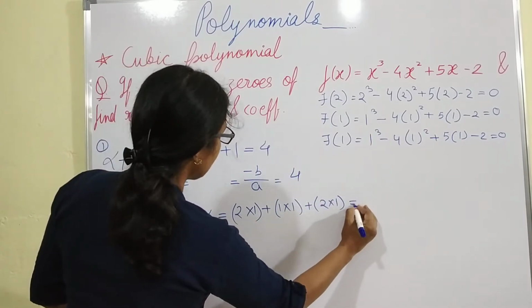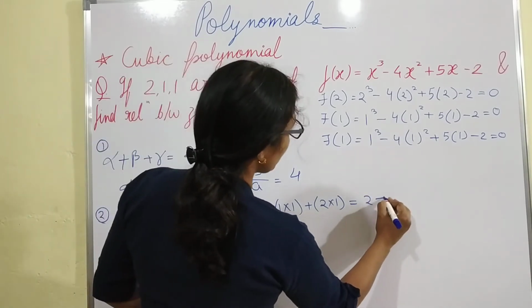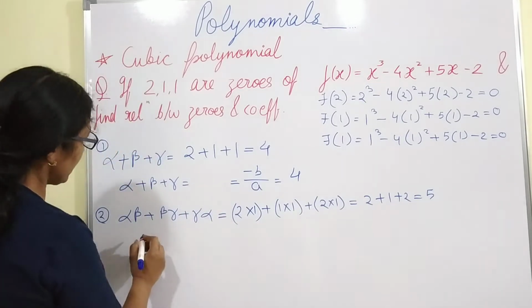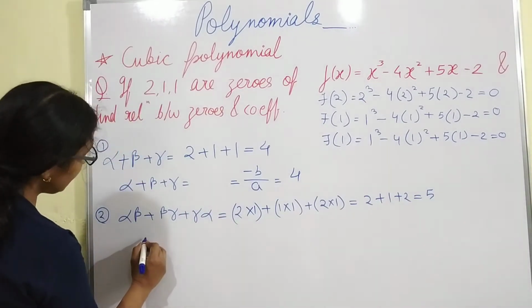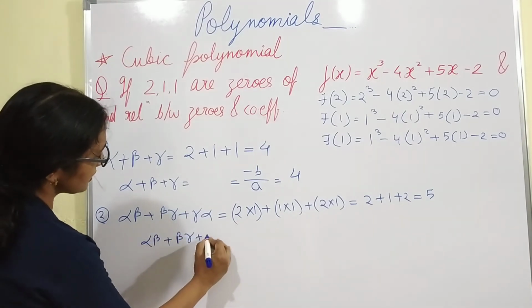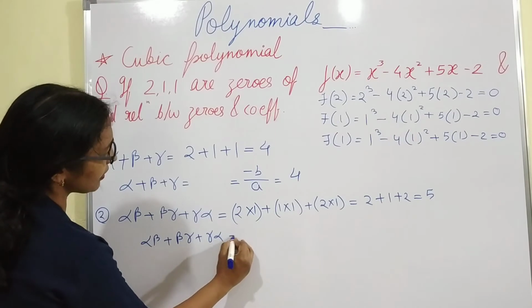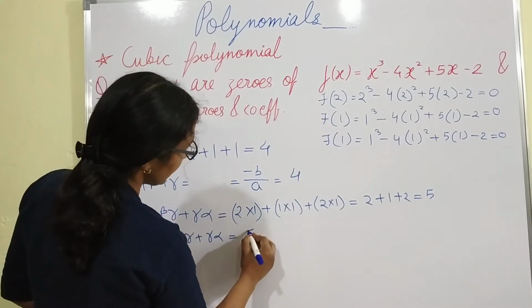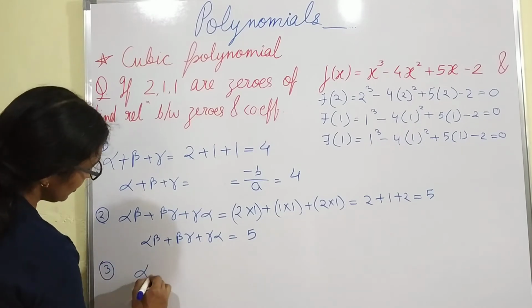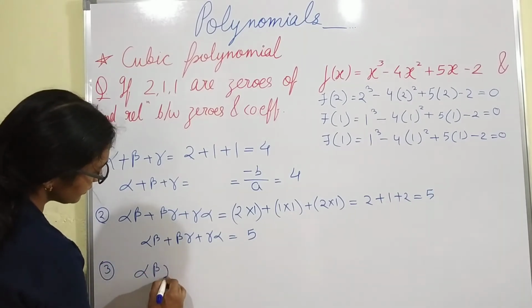So that is 2 plus 1 plus 2, which is 5. The relation is alpha beta plus beta gamma plus gamma alpha, so it is 5.